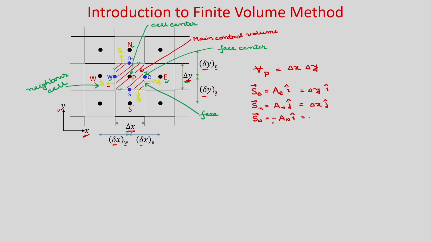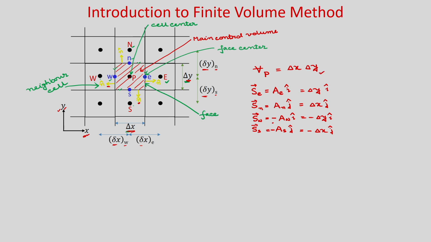So it will be minus delta y i. Similarly, A south you can write as A south j, so it will be negative because this surface normal is negative to the y direction. So this is your delta x, so it will be minus delta x into j, and the volume of the main cell is delta x into delta y.